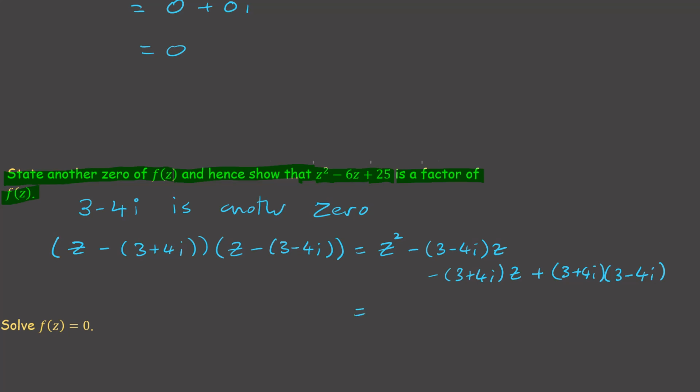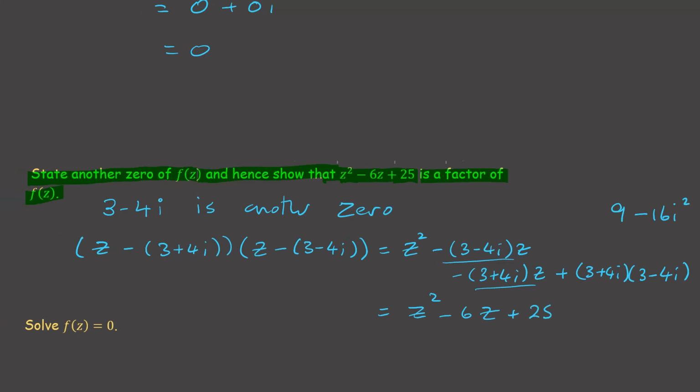So that gets me z squared. Tidying up those two terms gives me minus 6z. And then difference of perfect squares here, we've got 9 take away 16i squared, which is 9 plus 16, which is 25.